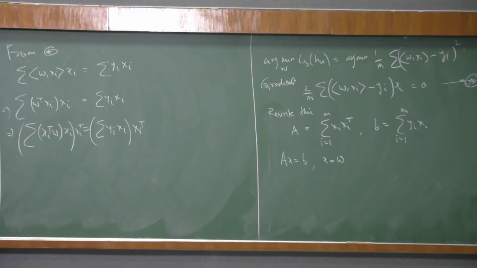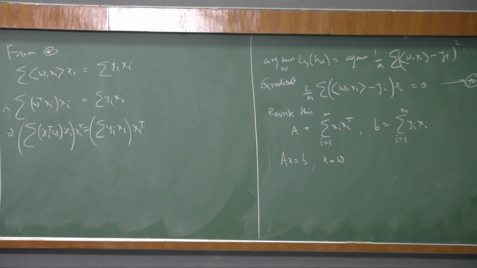Another way, I will relate this. Let's say I have the w and xi. In terms of matrix and vector, it's very clear. These are my w, and the xi's are like this.